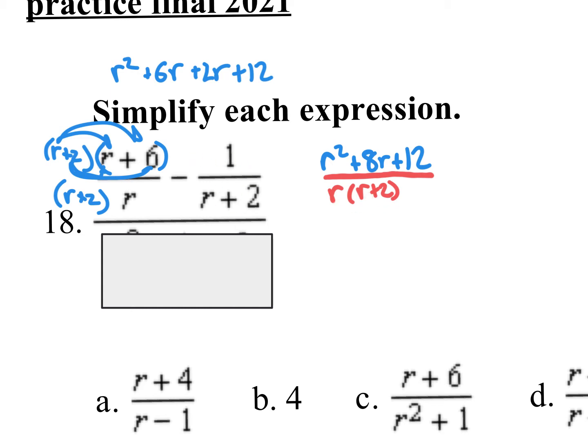We have a minus sign in between the two fractions, but of course that other fraction is not going to just be the r plus 2, it's going to be the LCD, which is r times r plus 2. So what do I need to do to this denominator to make it look like this r plus 2 times r? It's obviously missing an r, so let's multiply this binomial by an r. So I'm going to put it times r, and what I do to the bottom I must do to the top, times r. So I have 1 times r, which is r.